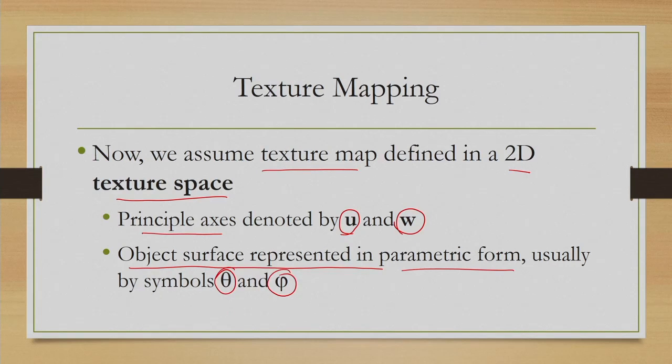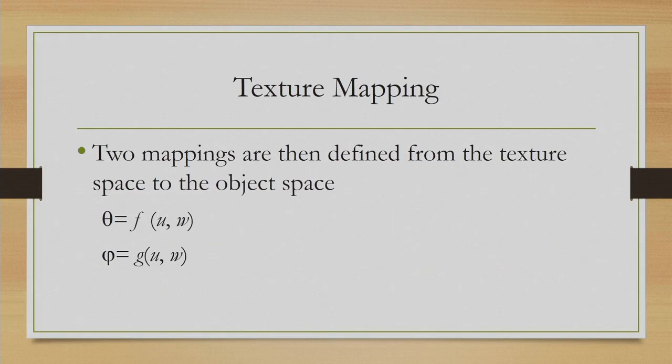Of course, this is one notation; there can be other notations as well. Then we define two mapping functions from the texture space to the object space. These are the forms of the mapping functions shown here. This is the one and this is the other one.